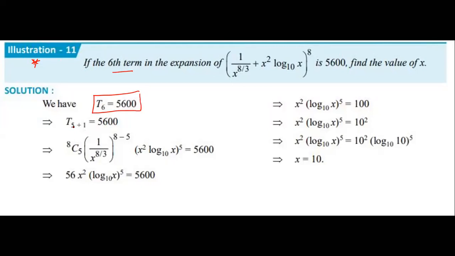T6 means what? I can write T(r+1). What is the r? 5. So what is the general term? For (x plus y) whole power n, what is the general term? nCr into x power n minus r into y power r, like that.